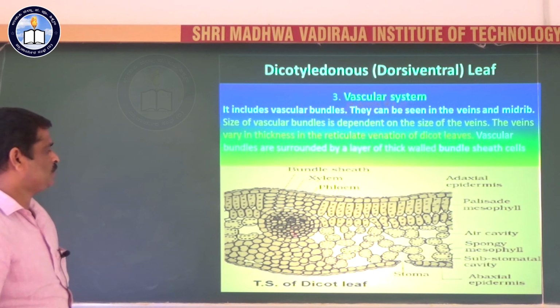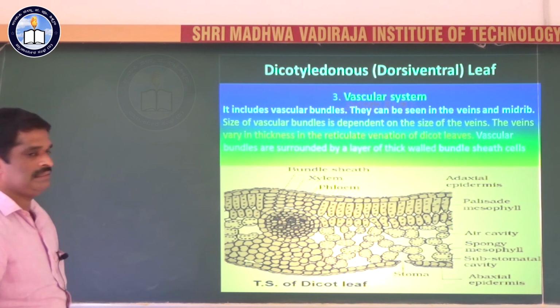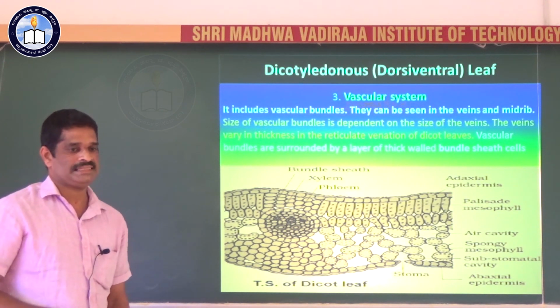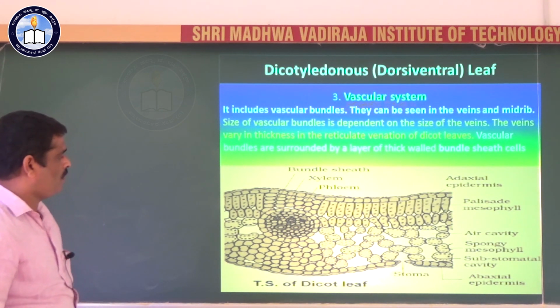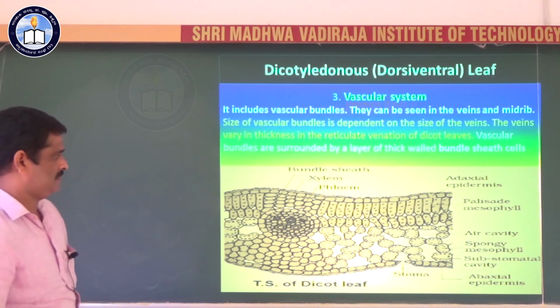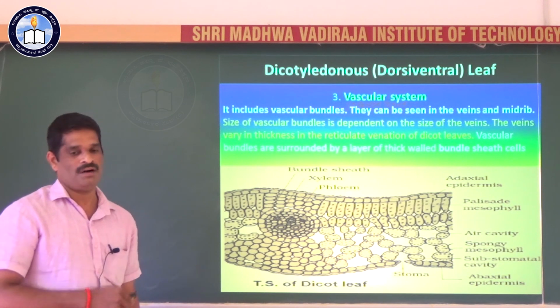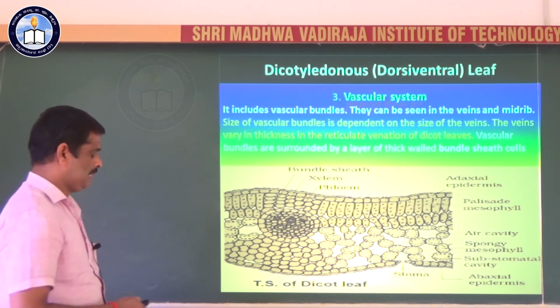The phloem lies toward the lower epidermis and the xylem toward the upper epidermis. Cambium is absent. The bundle sheath extension in a dicot is formed of hypodermis. So that's about the anatomy of the dicot leaf.